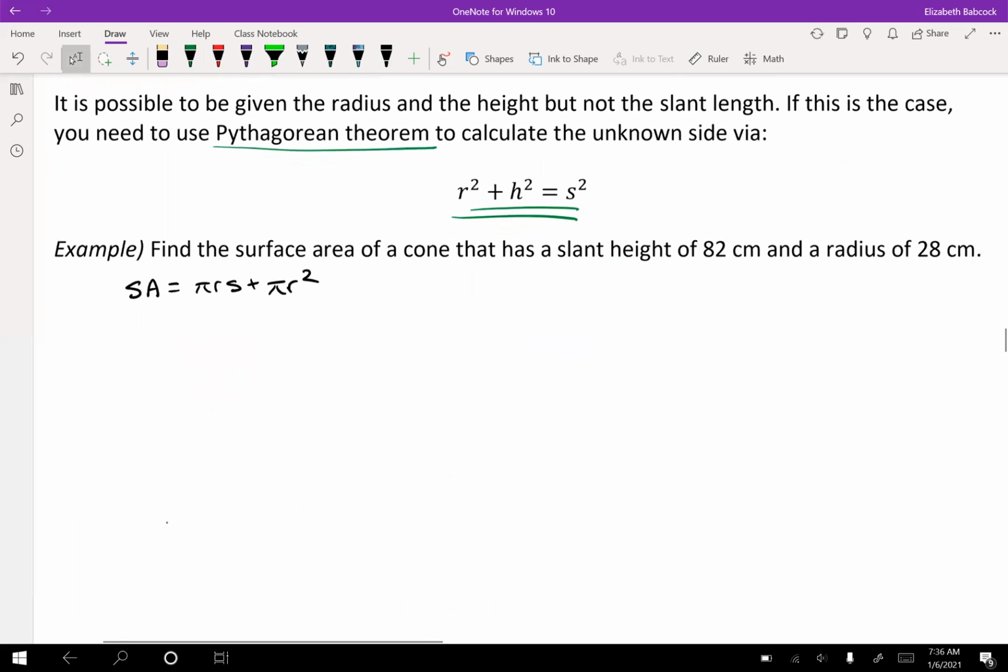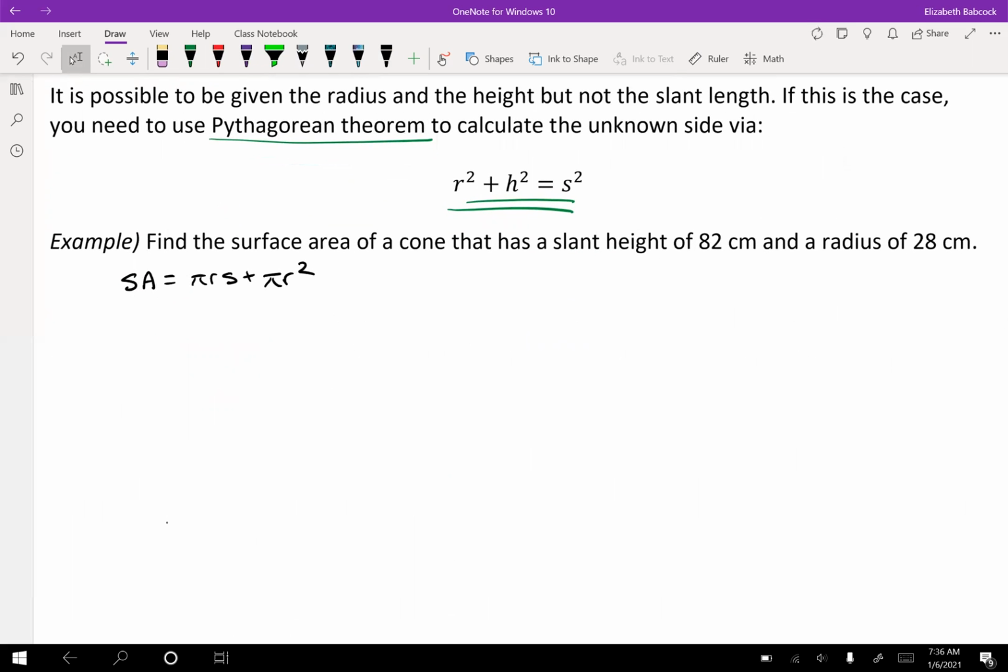Find the surface area of a cone that has a slant height of 82 centimeters and a radius of 28. I have already written out the formula for us, so I'm just going to plug in what we have. We have S equals 82 and R equals 28.